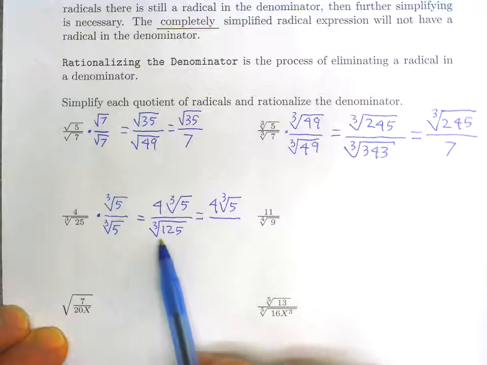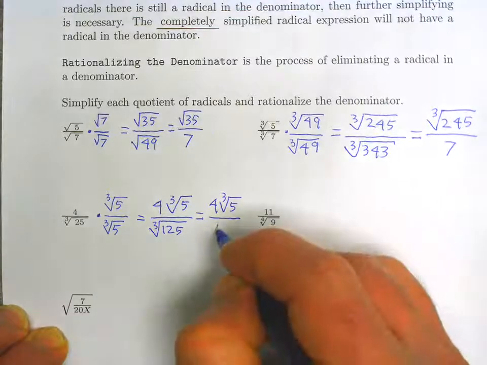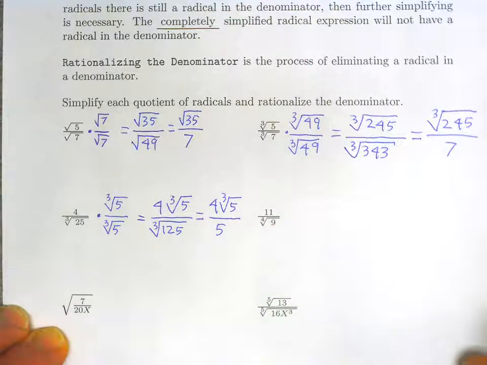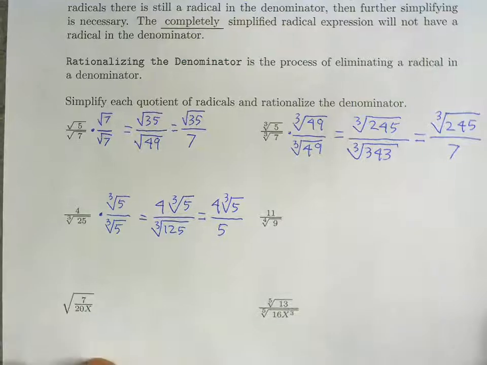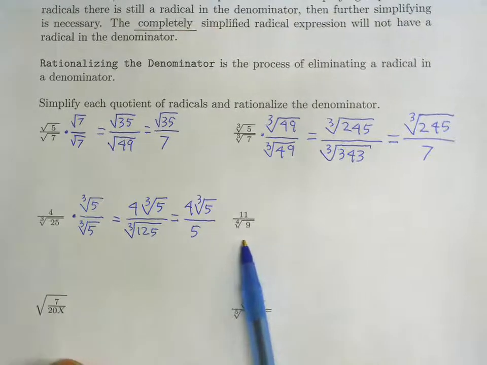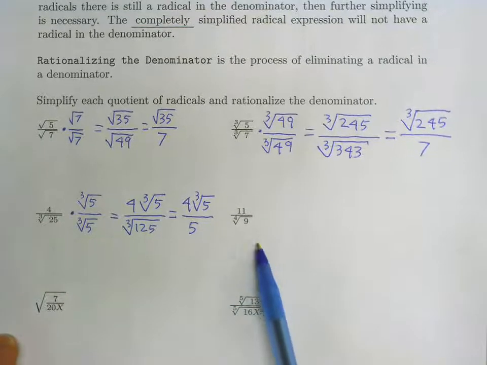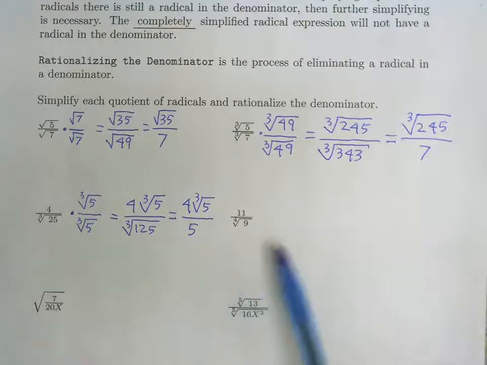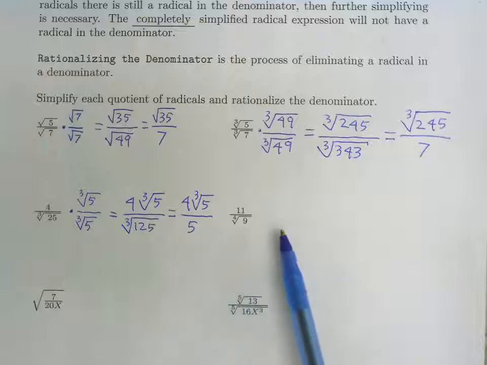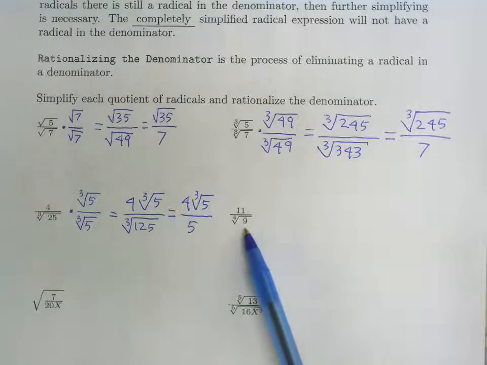The cubed root of 125 simplifies to 5. Okay, now we'll encounter a denominator with the 4th root of 9. So we want to multiply this number by 1 in a special form.